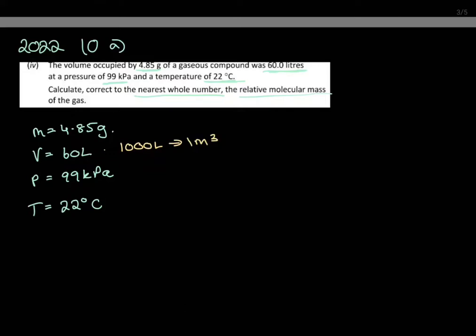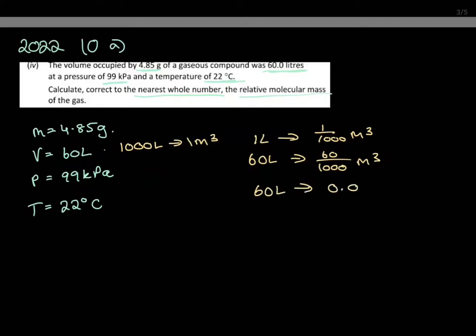So that means 1 liter would be 1/1000 meters cubed, which means 60 liters would be 60/1000 meters cubed. And 60 liters is 0.06 meters cubed. So that conversion is done.